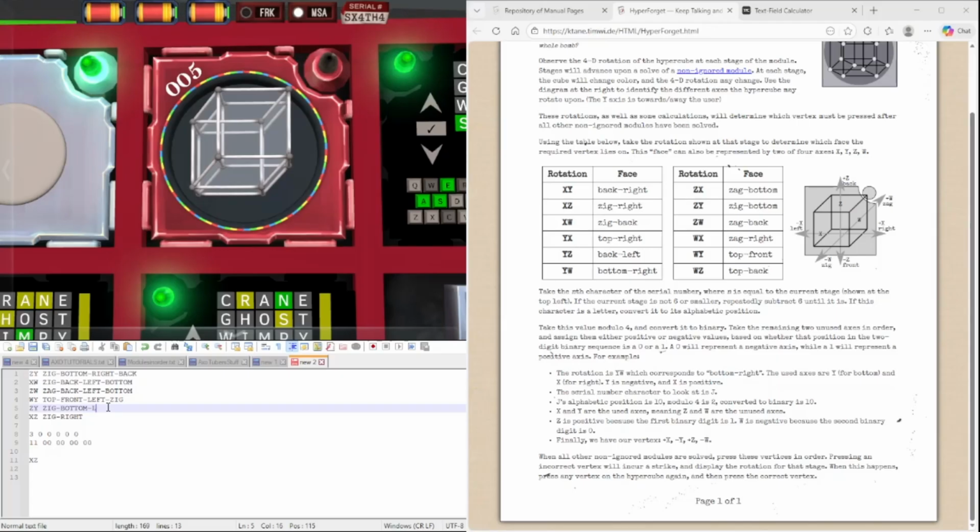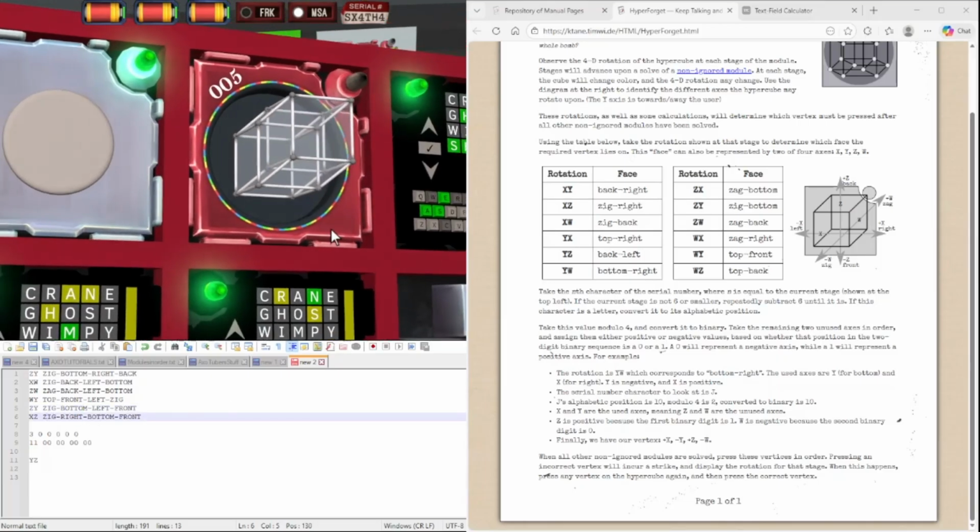So that is adding on left and front. And this would be zig and right. So we need to add on bottom and front. So hopefully, wait, zig left bottom front, zig right bottom front.